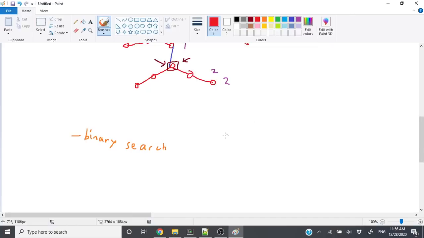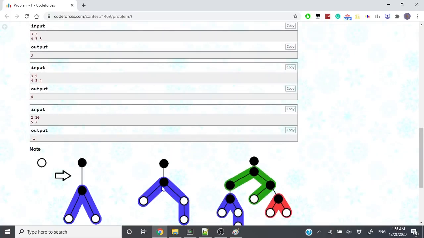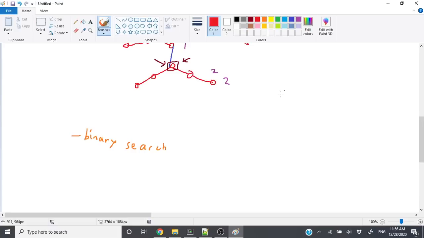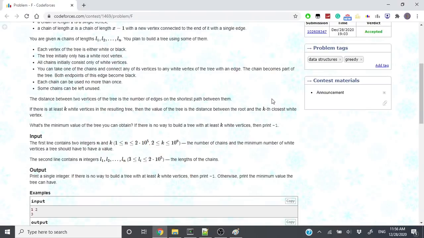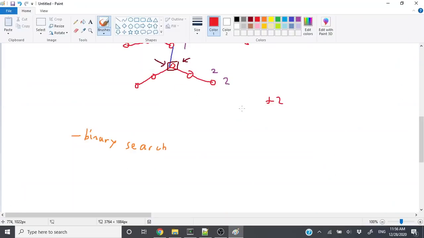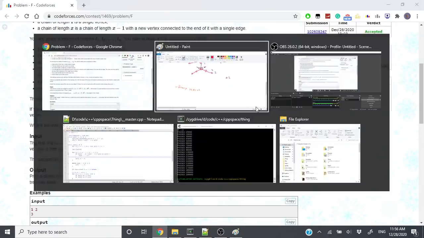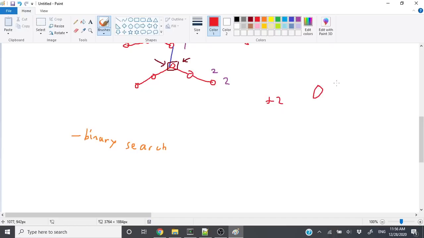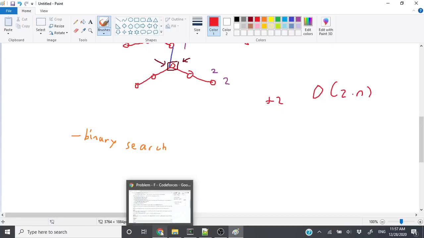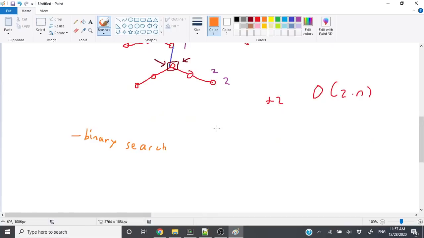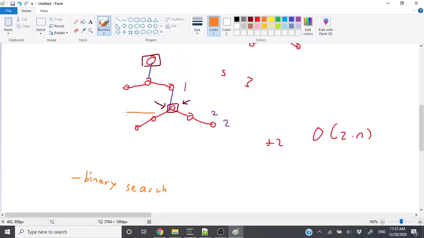All of the depths are going to be at most, because we construct the chains as high up as possible, adding a new chain adds at most 2 depth, which means O of 2 times n is the lowest depth we ever use. So we don't use that many depths, which means we can simulate it using some sort of prefix sums, basically.